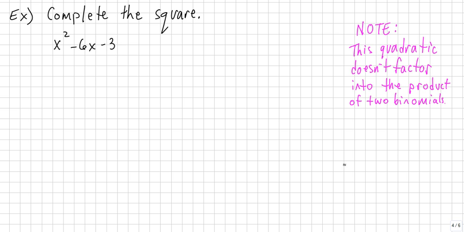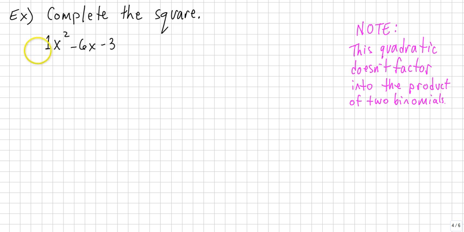So we want to complete the square. We want to change the way this looks to that other form, we'll see here in a second, but we want to change the way this looks by completing the square. All right, so first and foremost, we need to recognize that there's no number sitting out in front of x. And anytime we see that, we should remember that there really is a number out there. It's just positive 1.